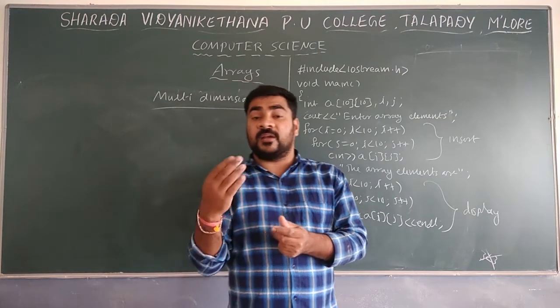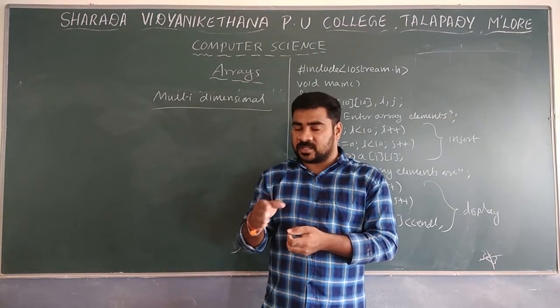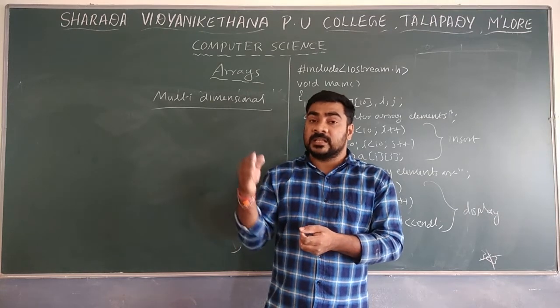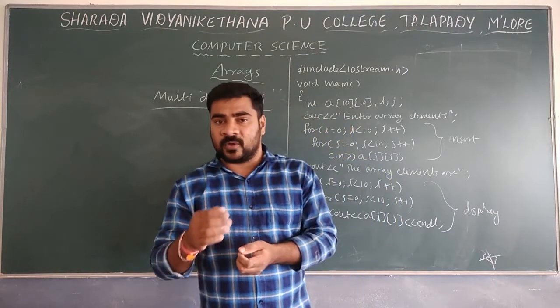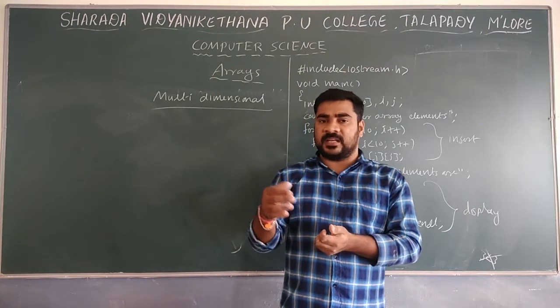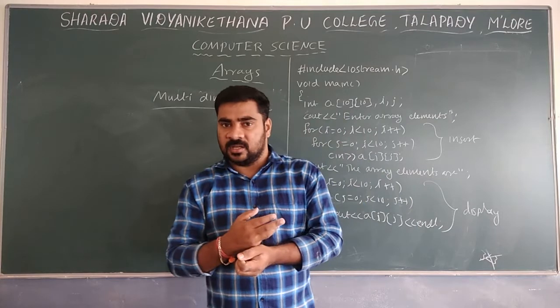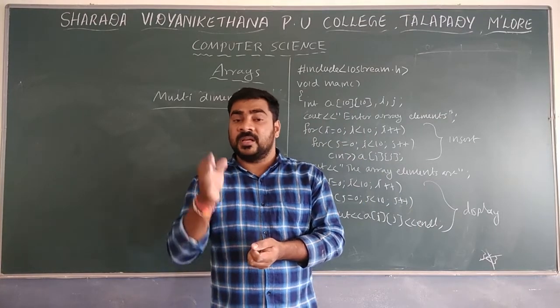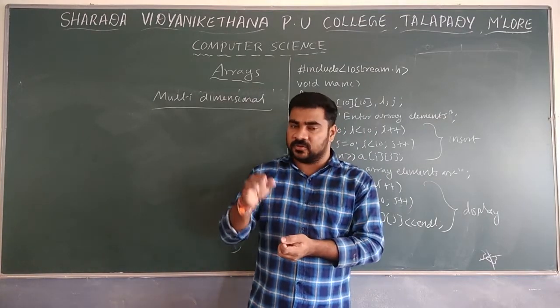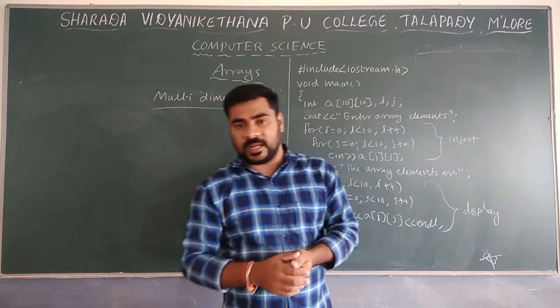Four-dimensional array means like that. Whenever the number of subscripts or dimensions increases, that many for loops we have to use to access the array elements. Three-dimensional means you have to use three subscripts. So based on the number of subscripts, that many for loops should be used to access the array elements.